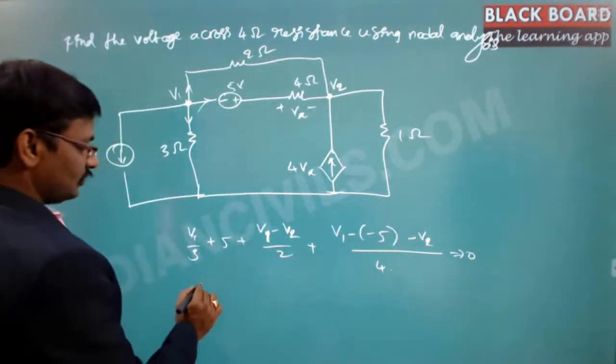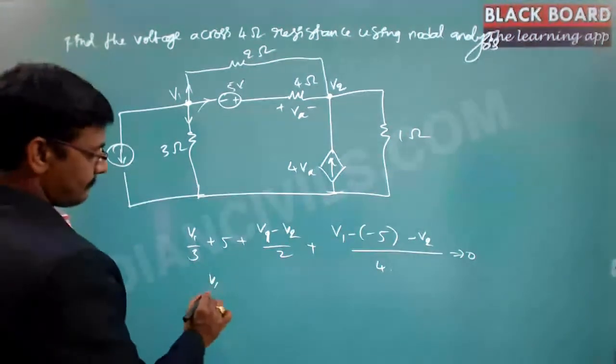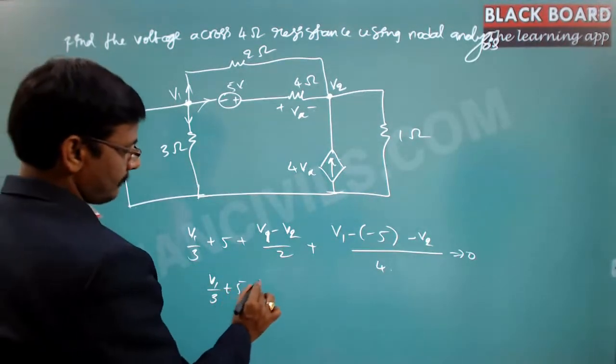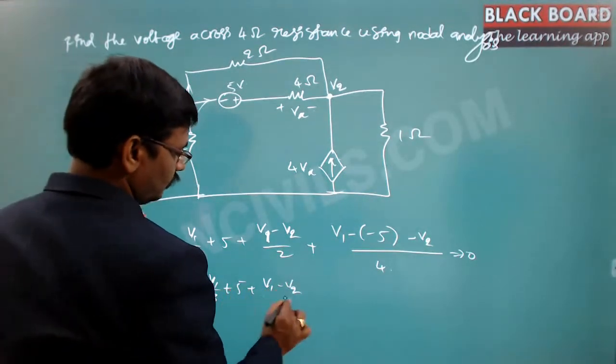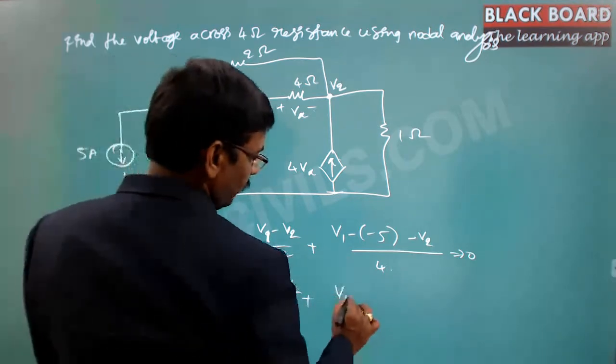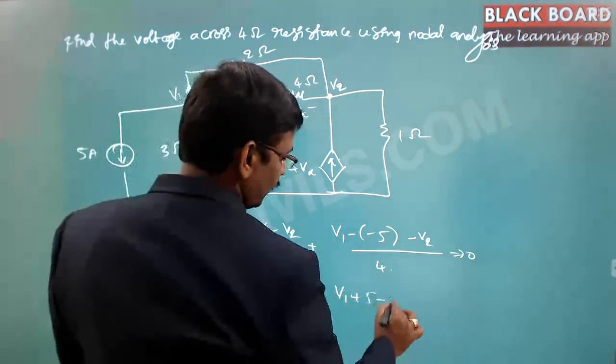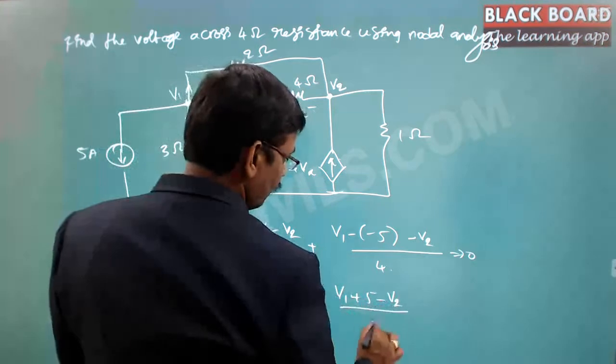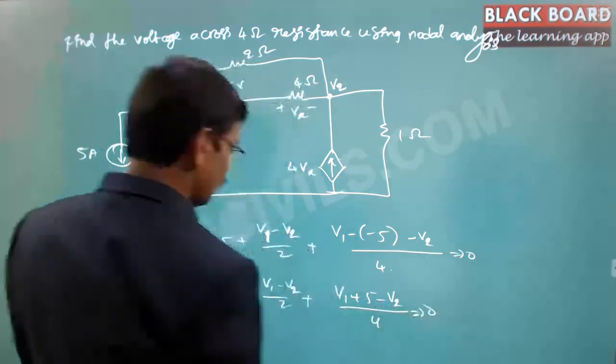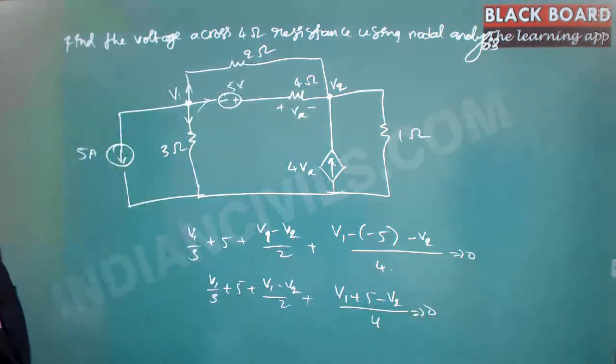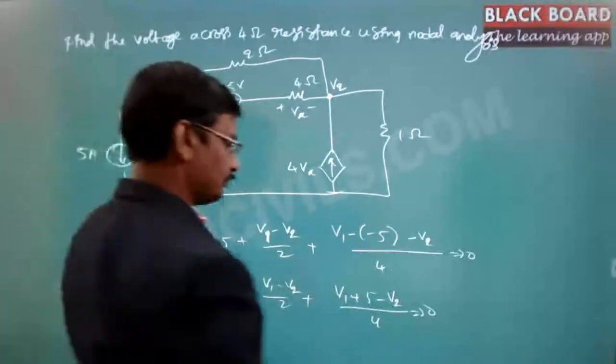And if you simplify this, V1 by 3 plus 5 plus V1 minus V2 by 2 plus V1 plus 5 minus V2 divided by 4 equal to 0. So the LCM is 12.